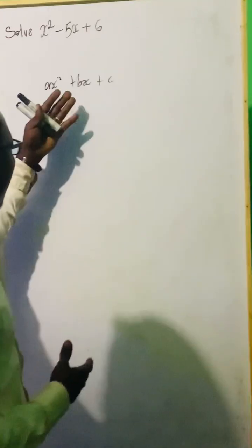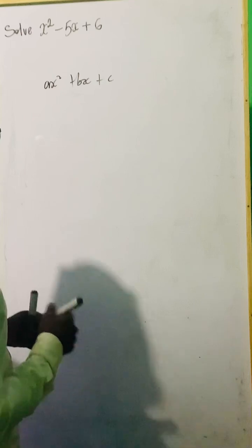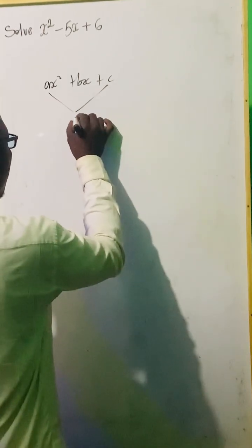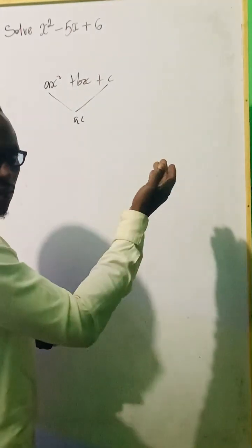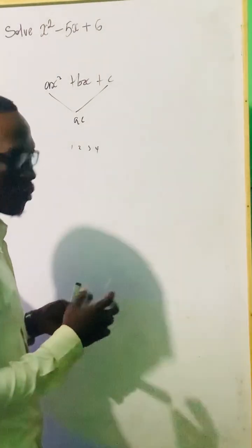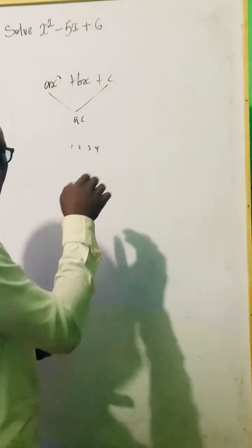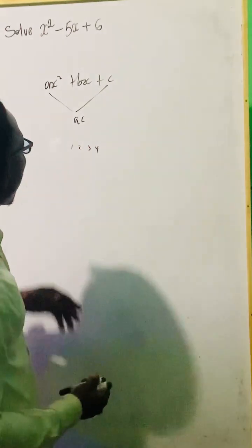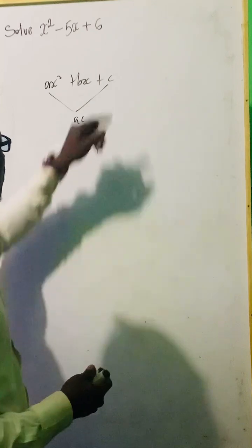How do you factorize with three terms? What you need to do basically is to find the product of a and c, that's ac. Then you find factors of ac, for example 1, 2, 3, 4. Now pick any two of these factors and examine them, for which when you add them, you get b, and when you multiply them, you get ac.